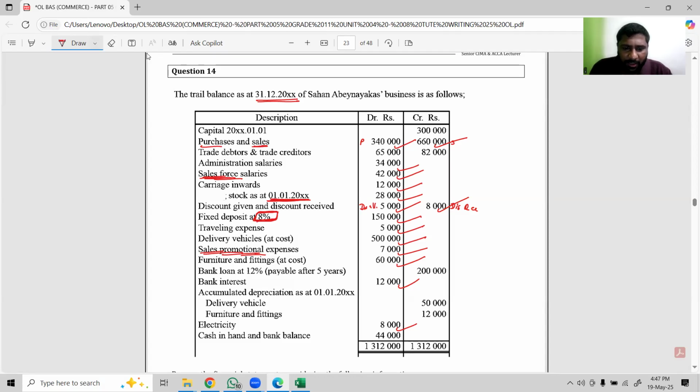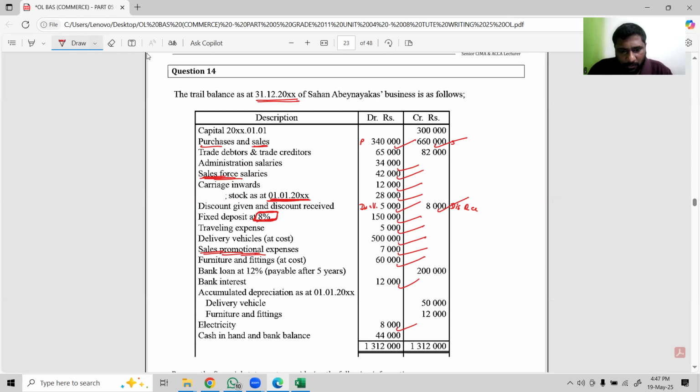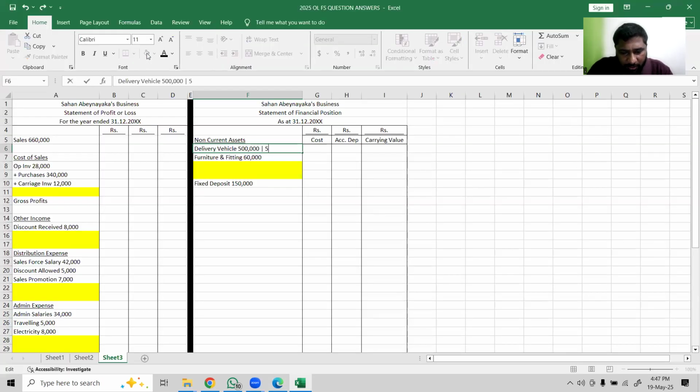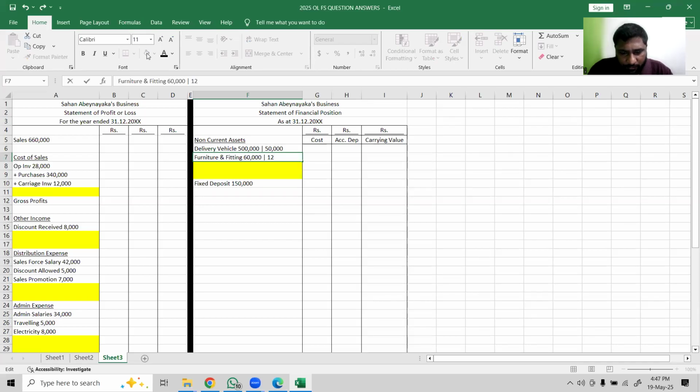And we have accumulated depreciations. So put a small line like this. Delivery vehicle 50,000. Before the line is for the cost, after the line is for the accumulated depreciation. Furniture and fitting 12,000.